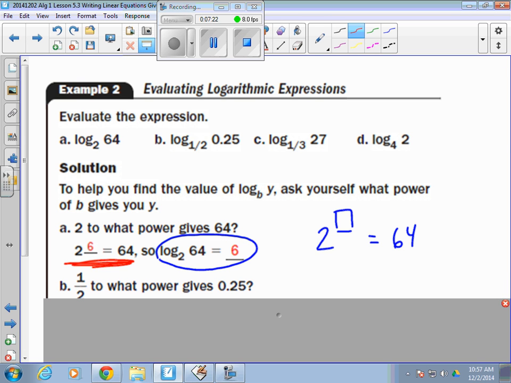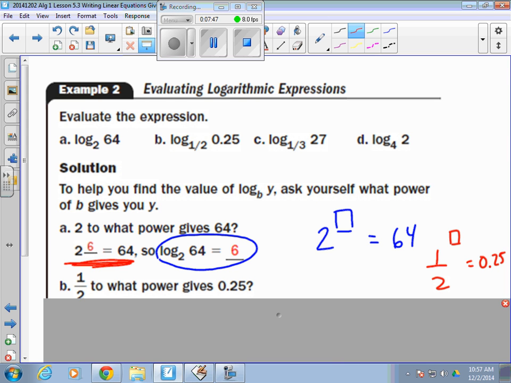The next one, log base 1/2 of 0.25. So right here, 1/2 to what power is 0.25? We know 0.25 is the same thing as 1/4. Don't let the fact that there's both fractions and decimals confuse you.